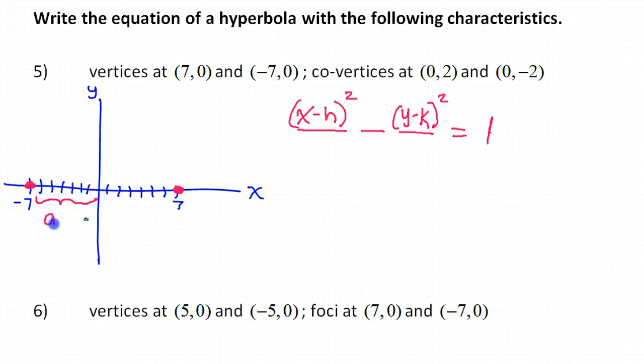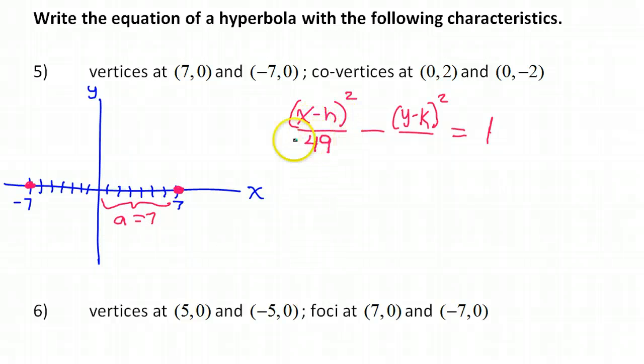Either way, a is equal to 7, because that's the distance from the center to the vertex. So since a is 7, a² is 49. Okay, and the a value going to the vertex always comes first in the positive term.